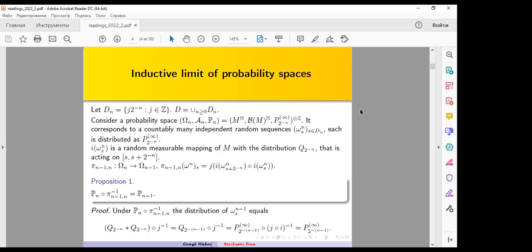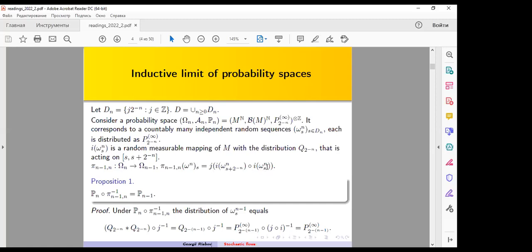Then let us consider mappings pi. It takes a sequence of order n and produces a sequence of order n minus 1 as follows.